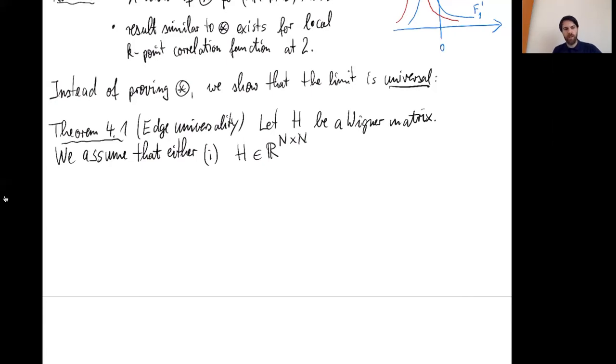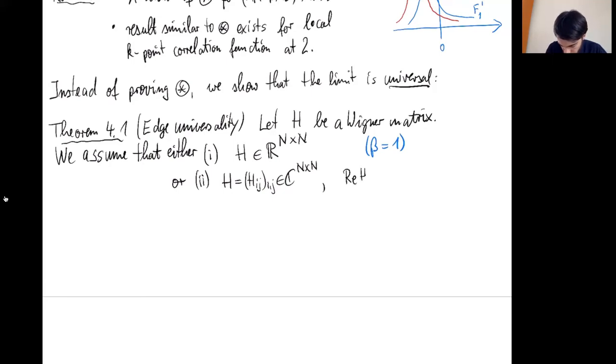So we have H is just a real matrix, and that's the analog of beta equal to 1. And then we have a second set of conditions, namely, so of course they are mutually exclusive. H can be a complex matrix. Then we want that the real and imaginary part are independent.